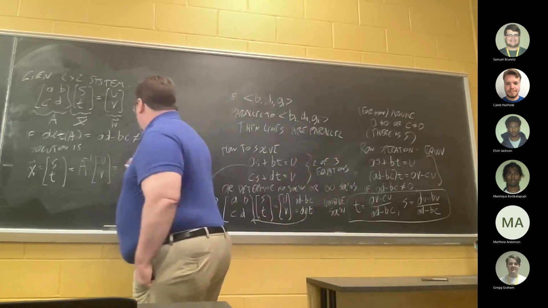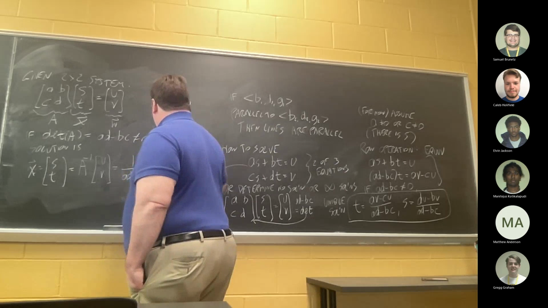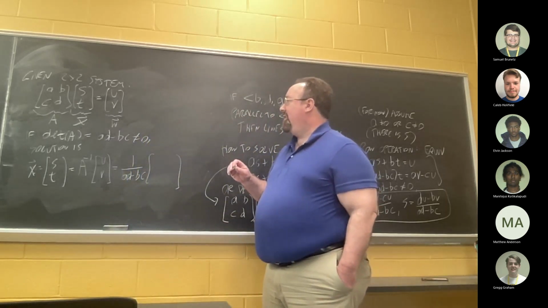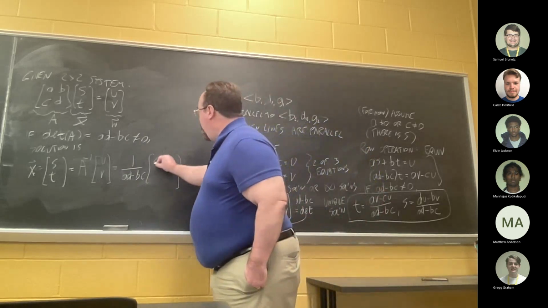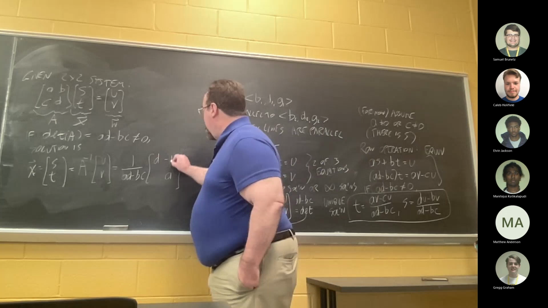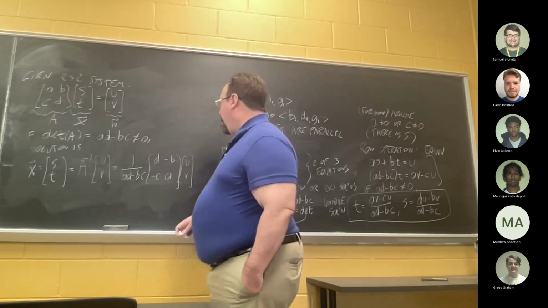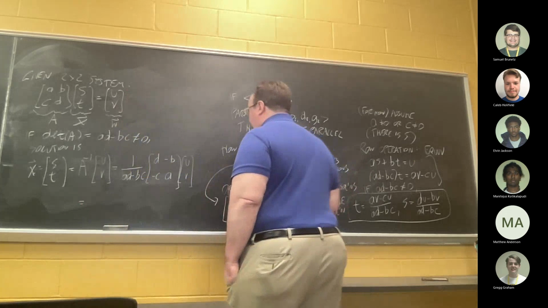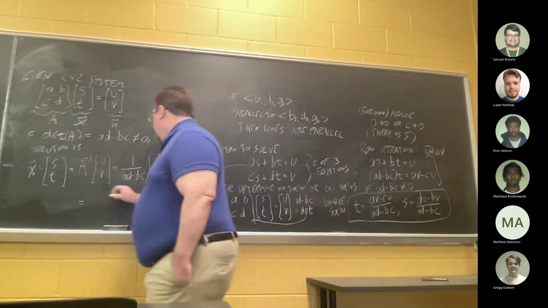Yeah, you have one over the determinant, times the matrix with A and D, and negate the B and C. Yeah, you switch the diagonal entries, negate the off-diagonal entries, and that's multiplied by the right-hand side values. And that's where the formulas that I wrote over there came from.